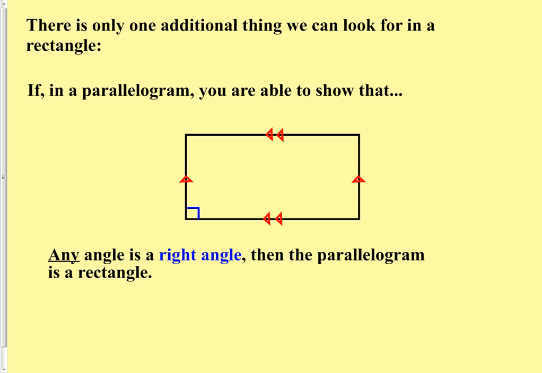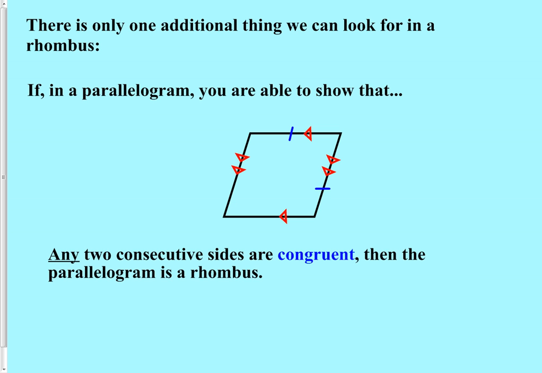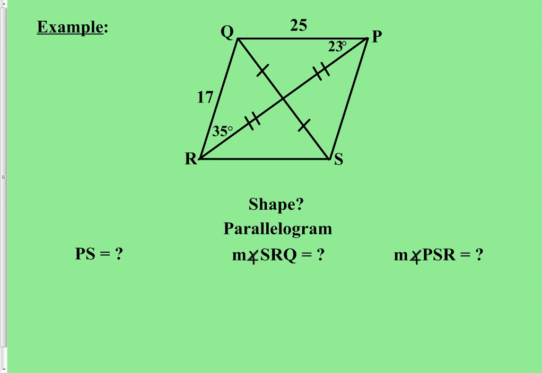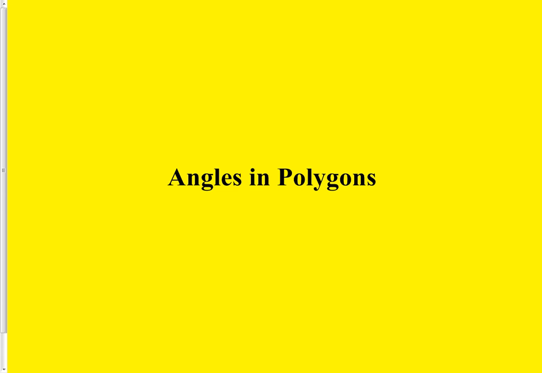Another shortcut here: if you have a parallelogram and you discover that any one angle is a right angle, that's going to force the figure into being a rectangle, and the other two properties will apply. In a rhombus, if you've already established you have a parallelogram and you find any two consecutive sides to be congruent, that's going to reveal that it is a rhombus, and the other two properties of a rhombus will apply. The rest of this was just examples.